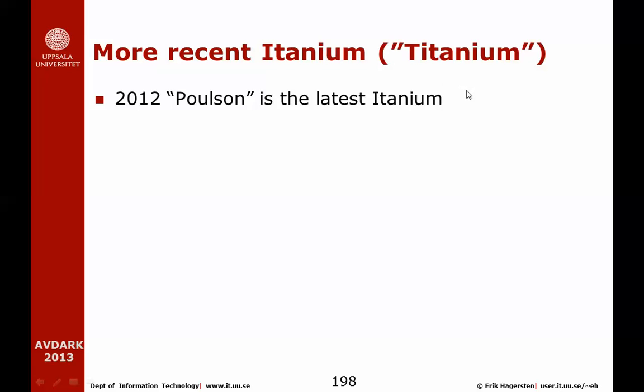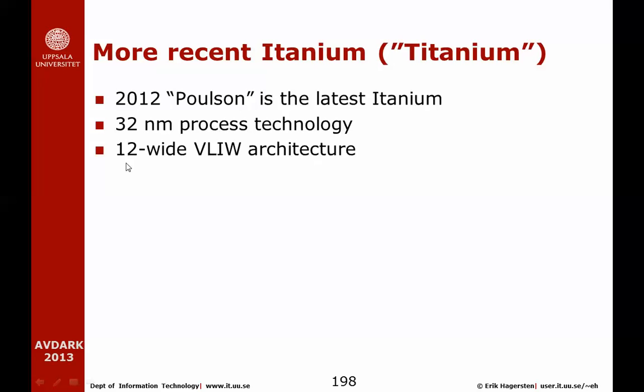Still, what they presented last year is very impressive. It's using 32 nanometer process technology, which was state of the art then, and it actually has a 12-wide VLIW architecture. So you will be able to launch 4 of these instruction bundles at the same time. Wow, this is impressive, and they will have up to 8 of these very wide VLIW cores on a chip.